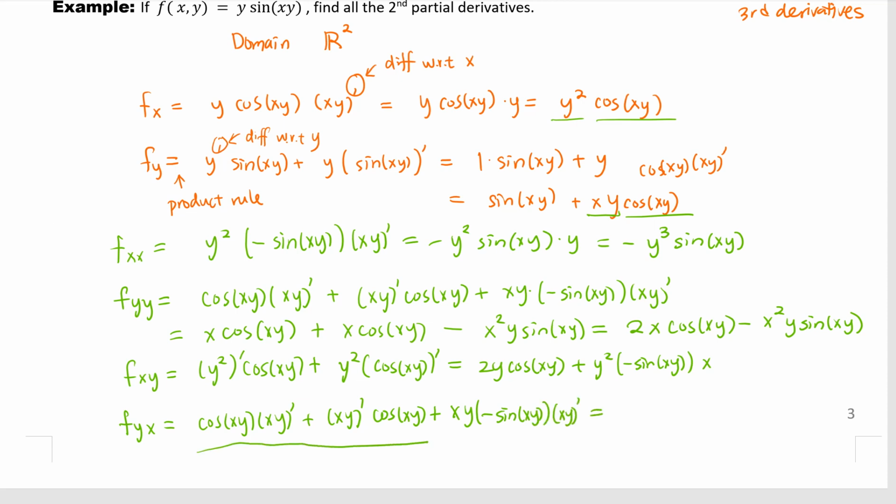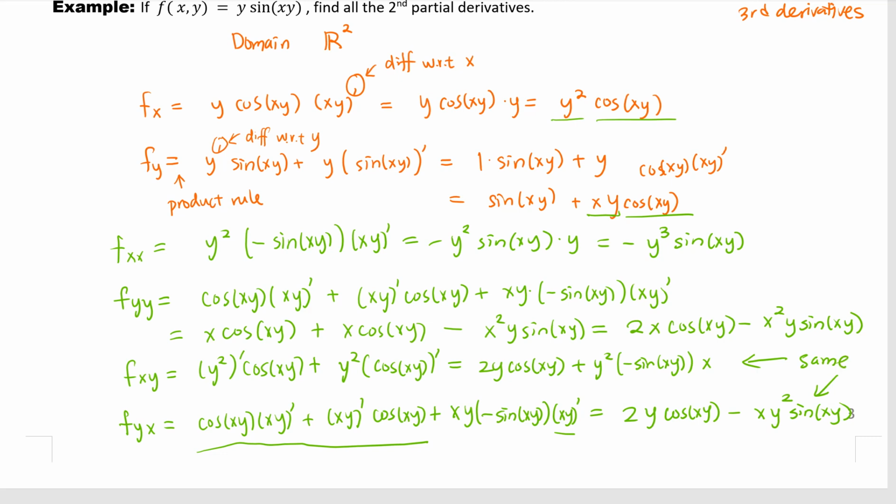Do you see these two things are the same? We're taking the derivative with respect to x, so (xy)' is just y. So this is 2y cosine xy. And then the derivative of xy is y, so that's why we have minus xy squared sine xy.